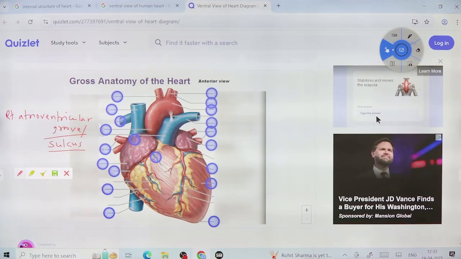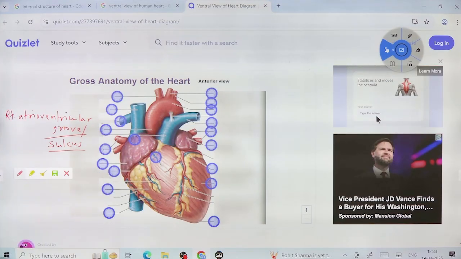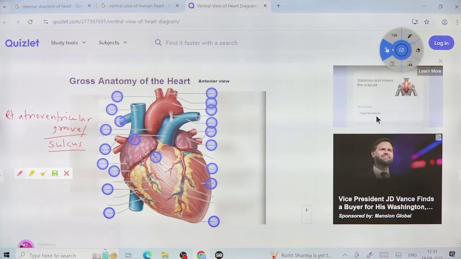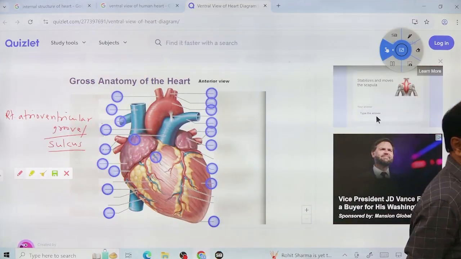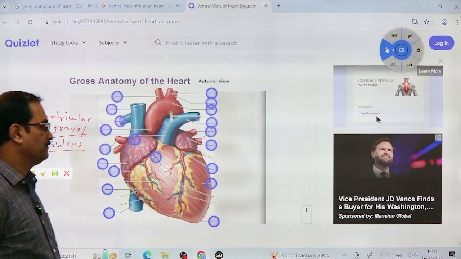Right atrioventricular groove or sulcus. And on the left side, how will you write the sentence? Left atrium and left ventricle are separated by the left atrioventricular groove. All these are external.